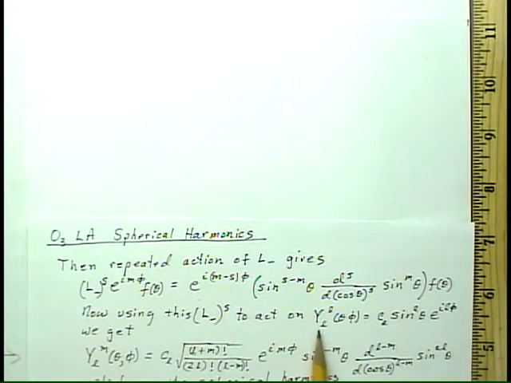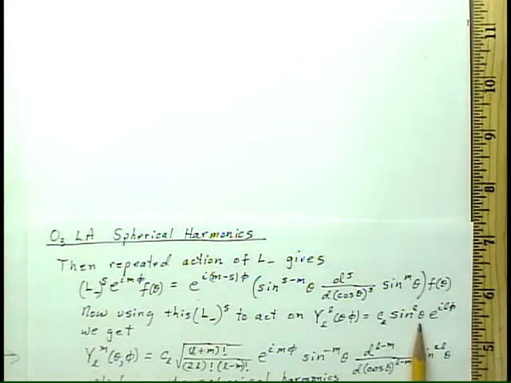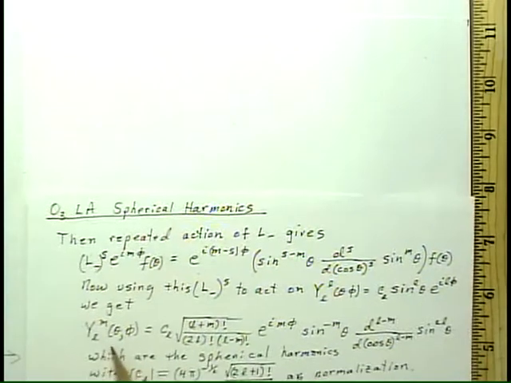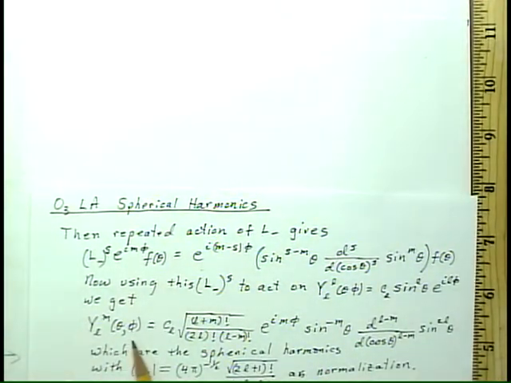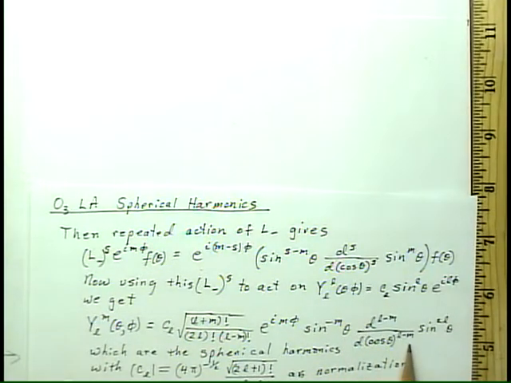Now, using this form of L minus to the power S to act upon our spherical harmonic, which we previously called our function, FLL of theta phi, we can write that as some coefficient, say C sub L times sine to the L of theta e to the iL phi, in order to get our YLM, our spherical harmonic, is equal to some coefficient times this expression which we've had before, e to the im phi, sine of the minus m of theta, times the derivative to the power that we need, times the sine of 2L of theta.